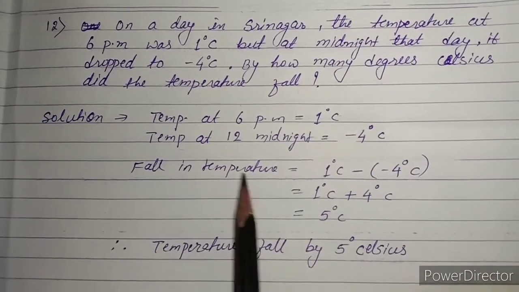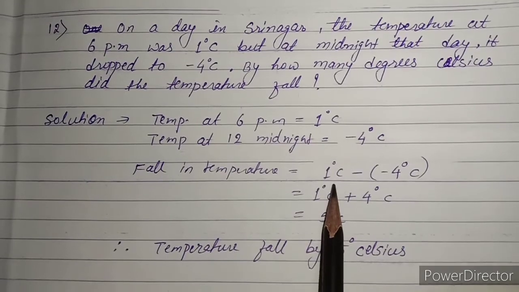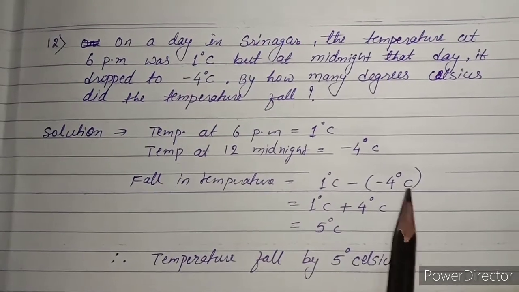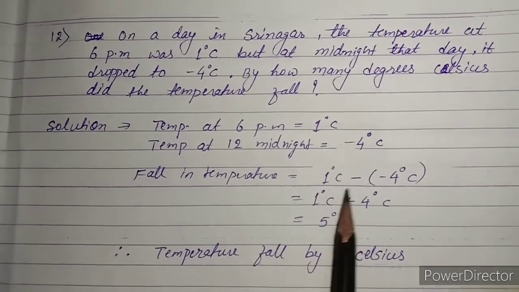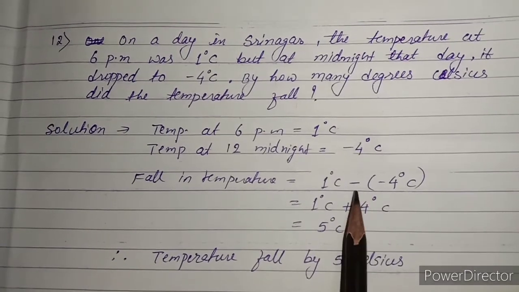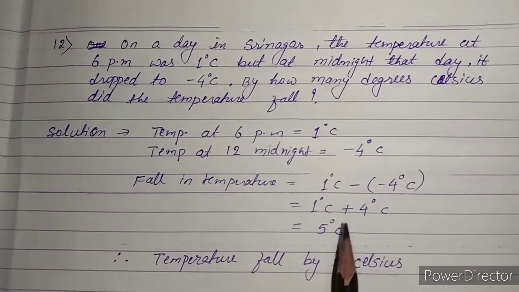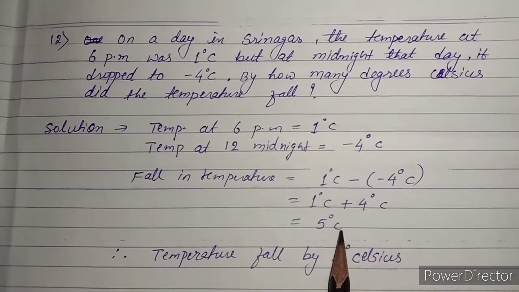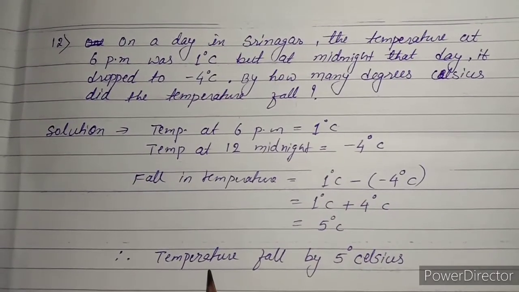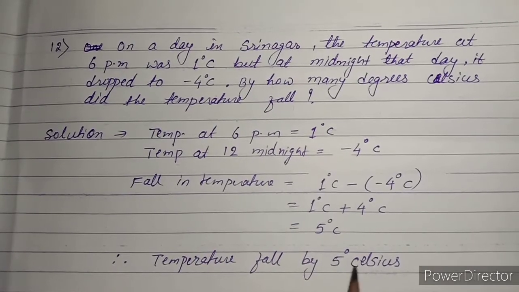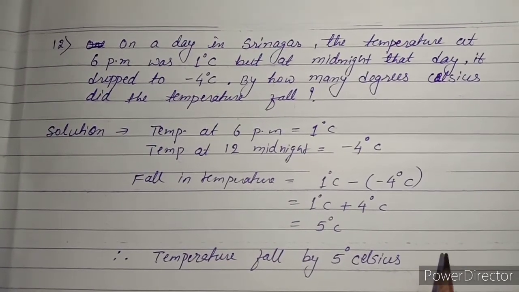Therefore, for the fall in temperature you have to subtract minus 4 degrees Celsius from 1 degree Celsius. Minus into minus is plus here. So 1 degree Celsius is added to 4 degrees Celsius and that is 5 degrees Celsius. Therefore, the temperature fell by 5 degrees Celsius. This is your answer here.